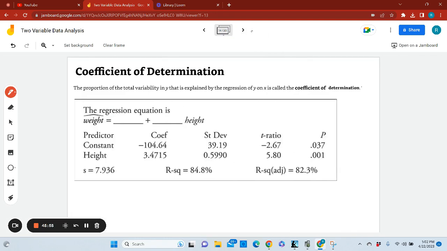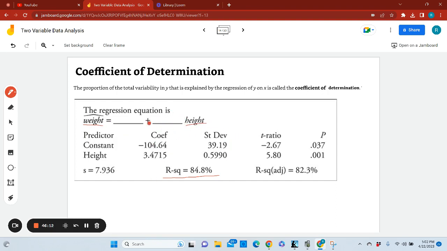All right. And then the last topic is how to interpret R squared. First of all, this is something you guys would probably need to be able to do on the exam, right? They're trying to predict weight based on height.